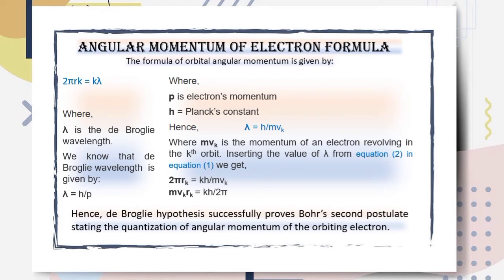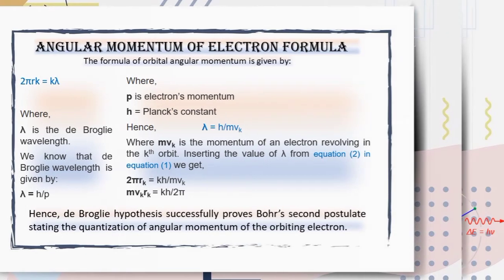Hence, the de Broglie hypothesis successfully proves Bohr's second postulate, stating the quantization of angular momentum of the orbiting electron. We can also conclude that the quantized electron orbits and energy states are due to the wave nature of the electron.